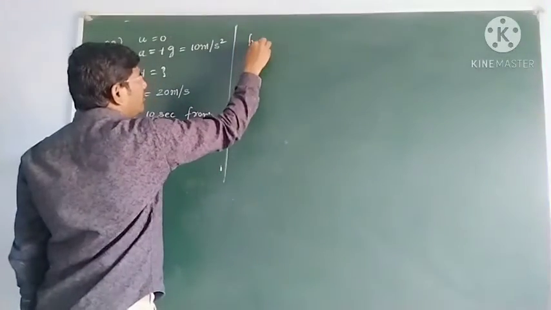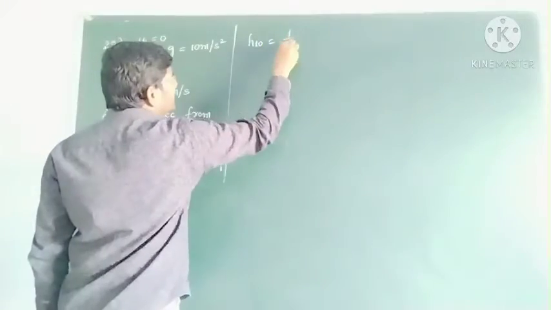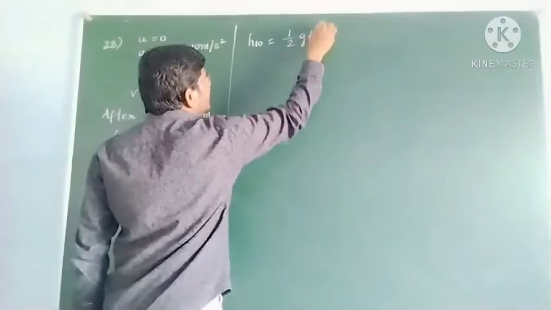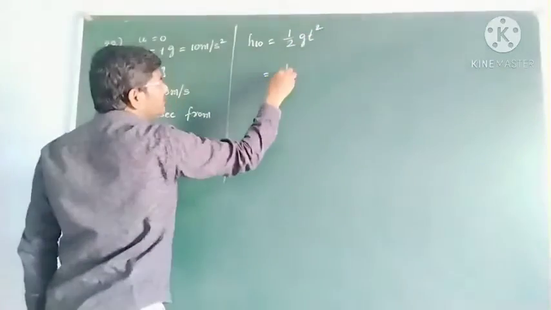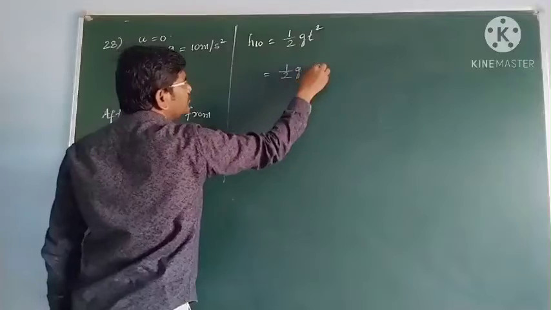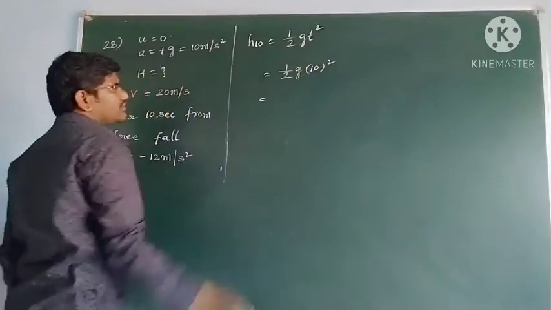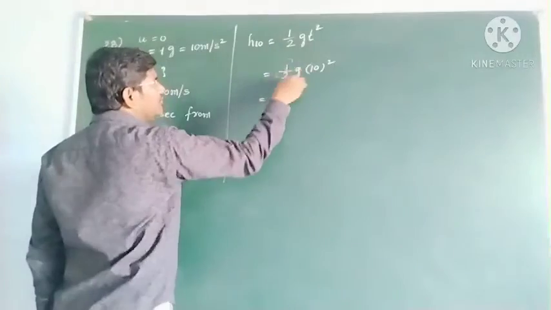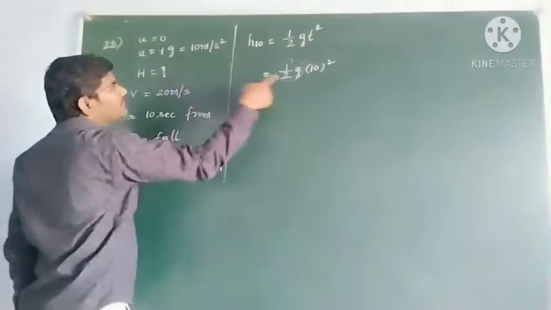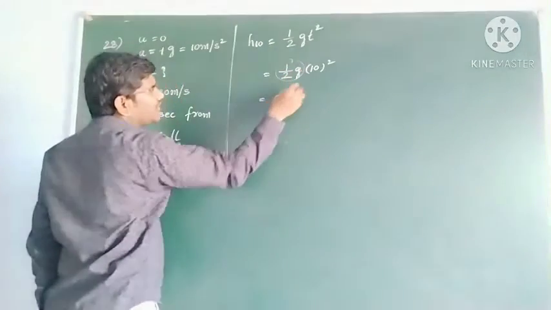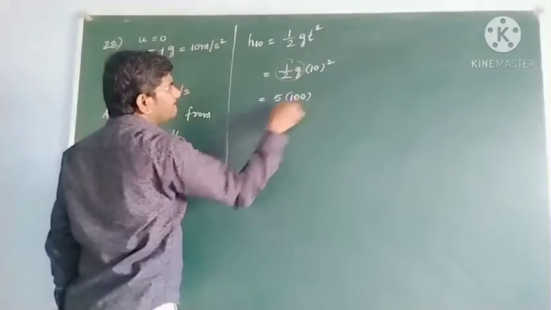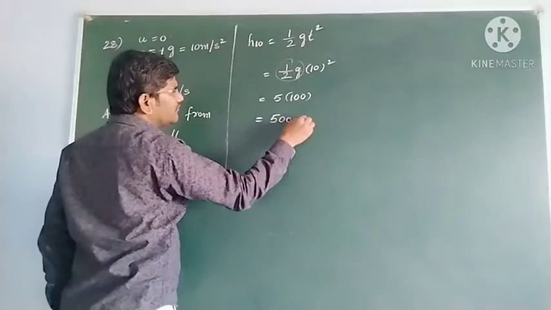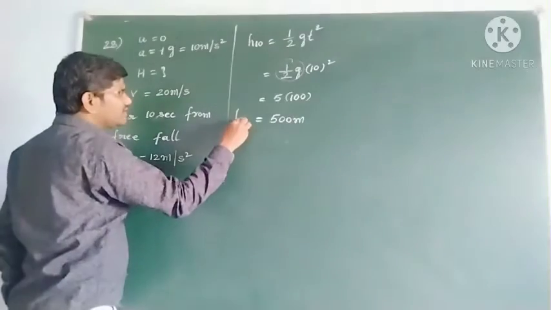Height fallen in the 10 seconds is half g t square, so half into g into 10 square. g is 10, so half g means 5. 5 into 10 square, 100. So he falls a height of 500 meters in the first 10 seconds.